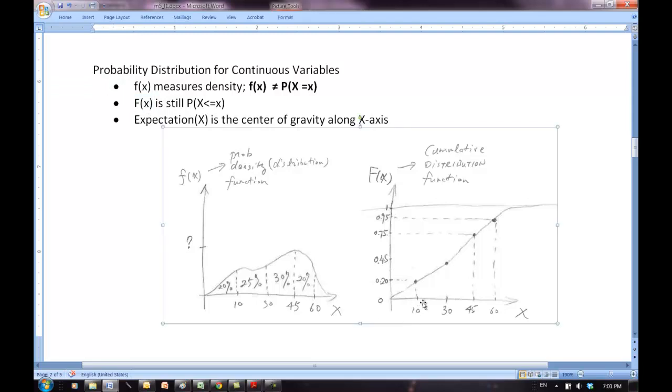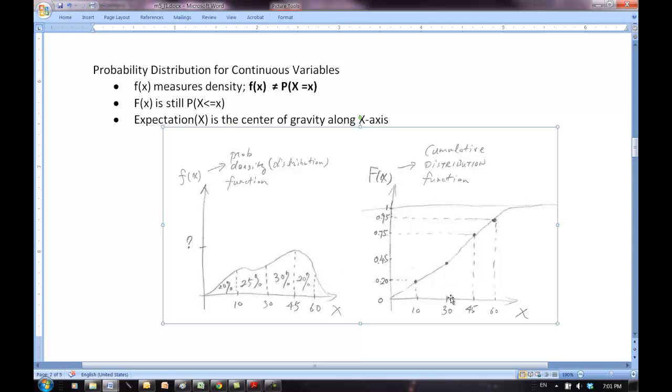Therefore, if you find 10 on this axis, you should find the y value, the vertical value, to be 0.2. Similarly, you can find the cumulative probability of 30 being the sum of these two segments, which should be 20 plus 25 equals 45%.